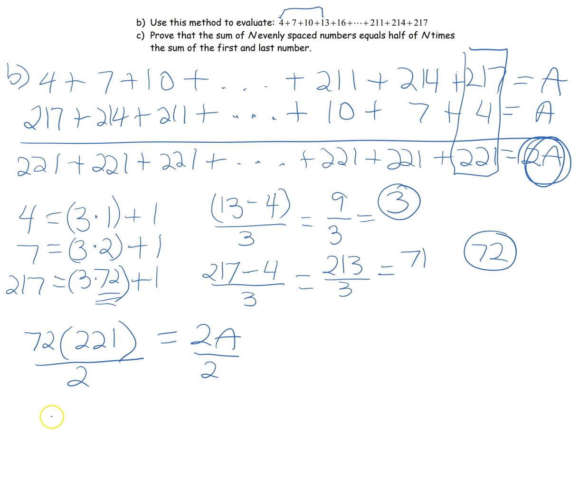So we get a is equal to 72 times 221 over 2, which is equal to, if we evaluate it out, 7,956. So for part B, evaluating the sum of numbers, our answer is 7,956.